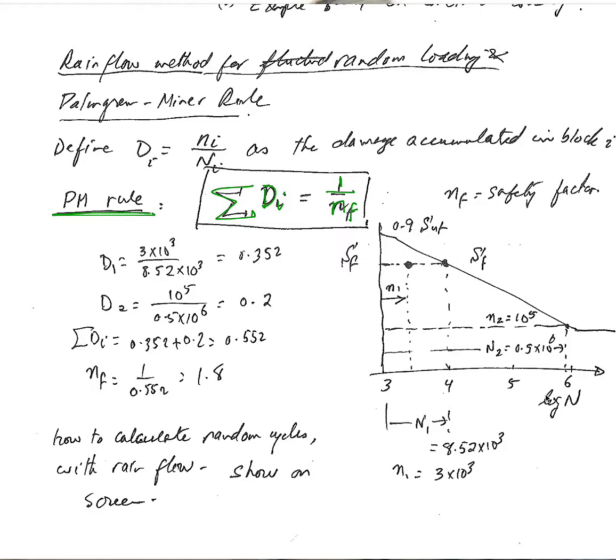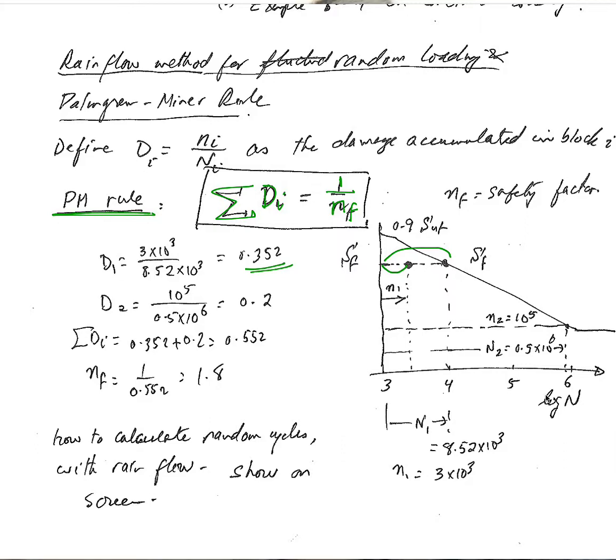You have here capital N1 is used up all the way to the end. This is that capital N1, but we use only lowercase n1, so that resulted in 0.352 of fractional damage.